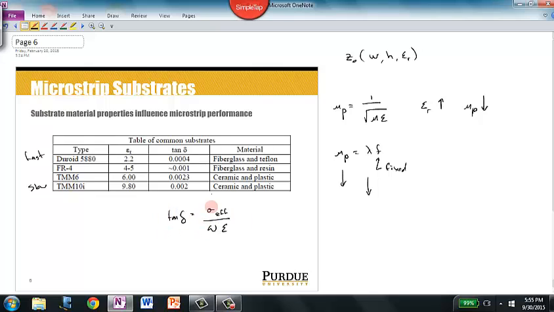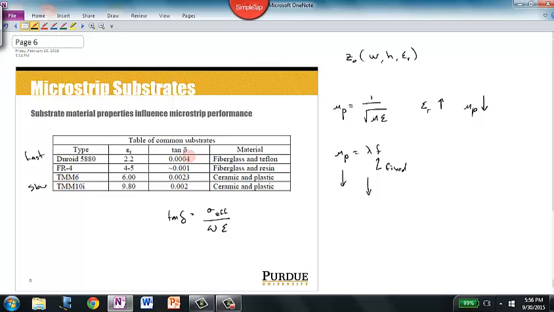We'll talk about this more, so don't worry, I'm just giving you a little intro. The lower the loss tangent, that means that the insulator material is a better insulator. However, they typically cost more as well.